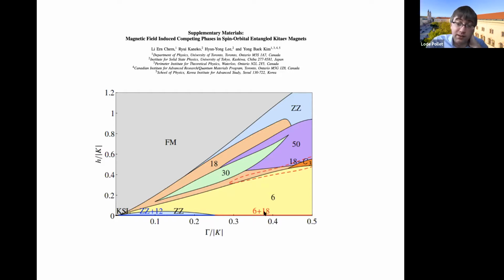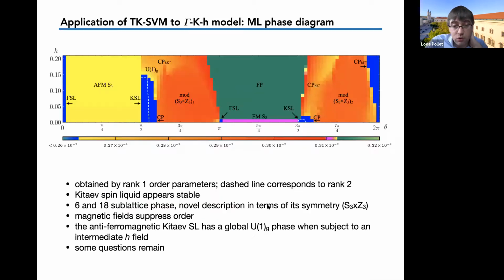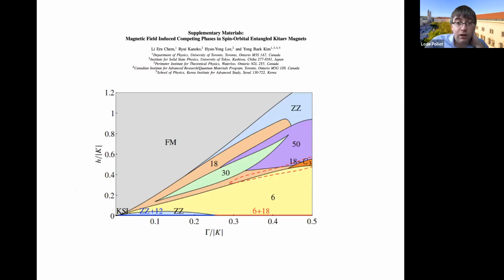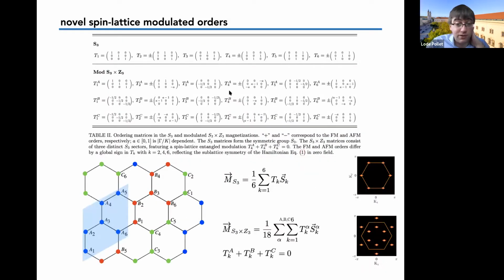So what they write here as this 18 could at least in principle correspond to our S3 cross Z3 because it also has a unit cell of 18 sites. Okay, and the symmetry of this S3 cross Z3 is rather complicated, and I can explain if you have questions, but otherwise I'll skip over it now.